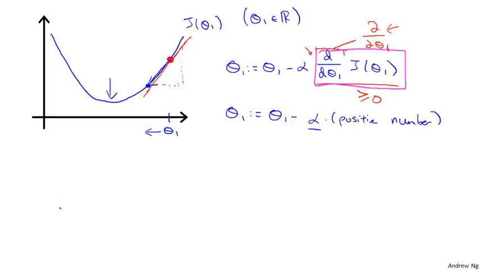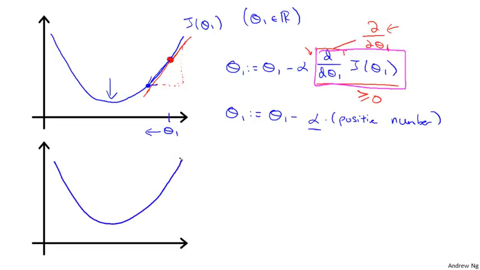Let's look at another example. So let's take my same function J. Let's try to draw the same function, J of theta 1. And now let's say I had instead initialized my parameter over there on the left. So theta 1 is here. I'm at that point on the surface. Now my derivative term, d/d theta 1 of J of theta 1, when evaluated at this point, I'm going to look at the slope of that line.